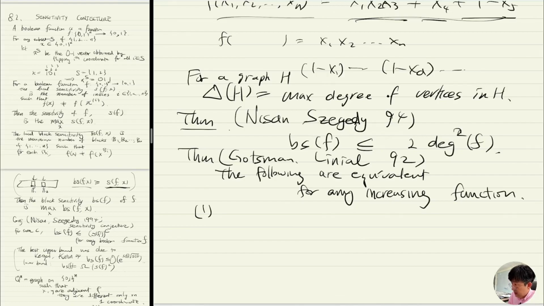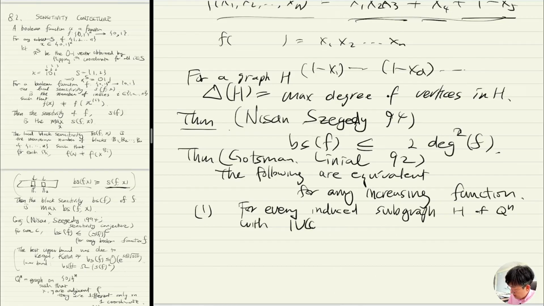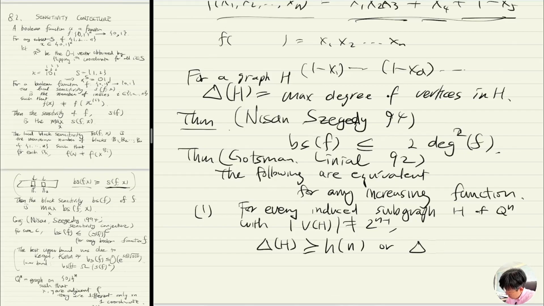So the first one is: for every induced subgraph H of Q_n with the number of vertices not equal to 2^(n-1), Delta(H) is bigger than some function h(n), or Delta of the complement, Delta(Q_n minus V(H)), is bigger than h(n).